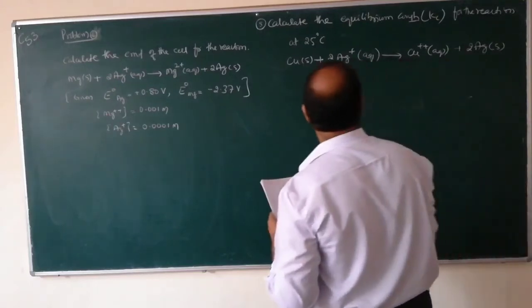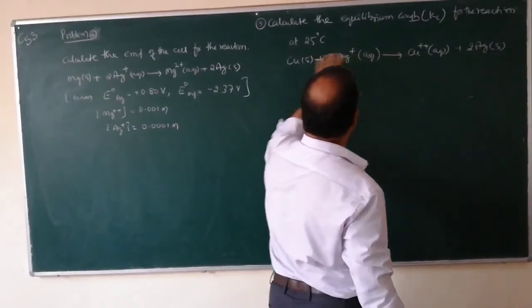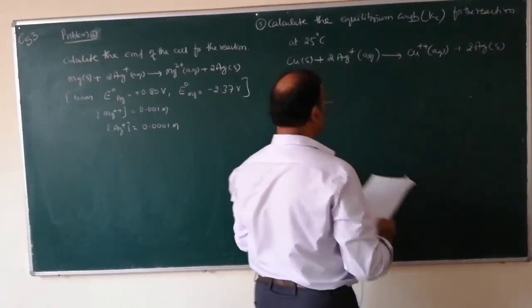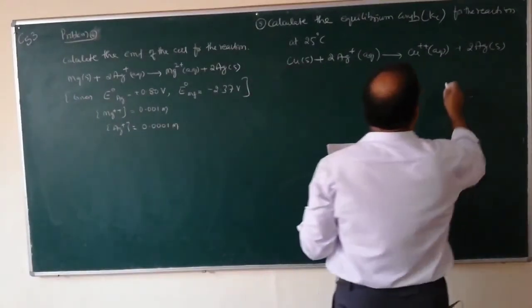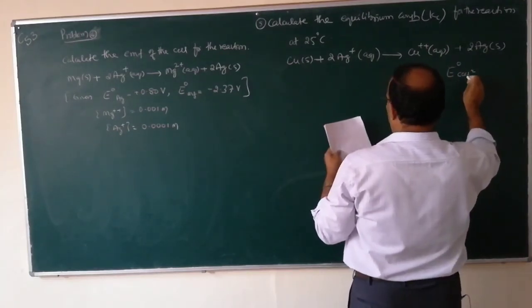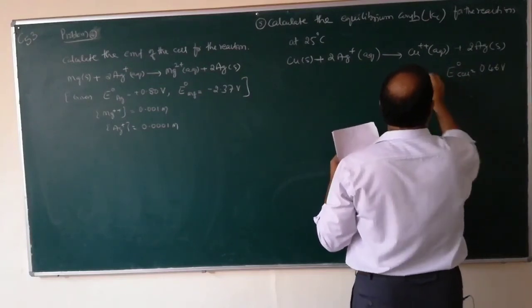Yes. So this is the cell reaction. Copper undergoes oxidation, means copper is anode. Silver is cathode because it undergoes reduction. So then given E naught cell is equal to 0.46 volts.